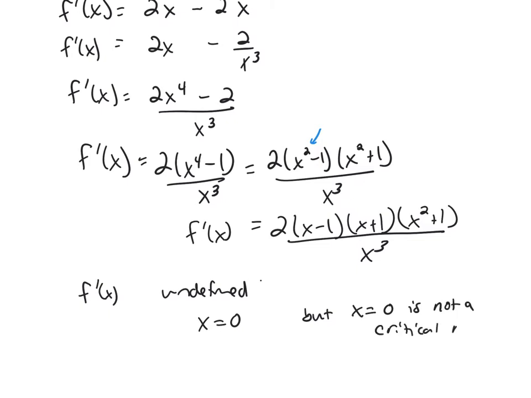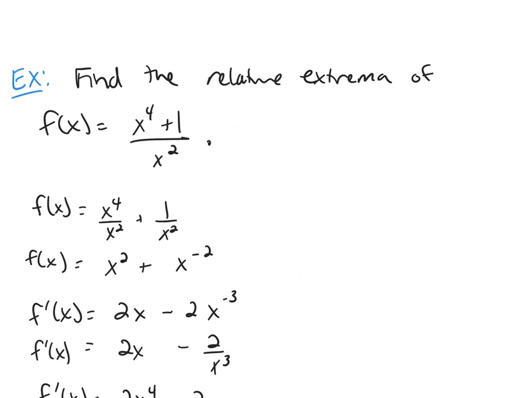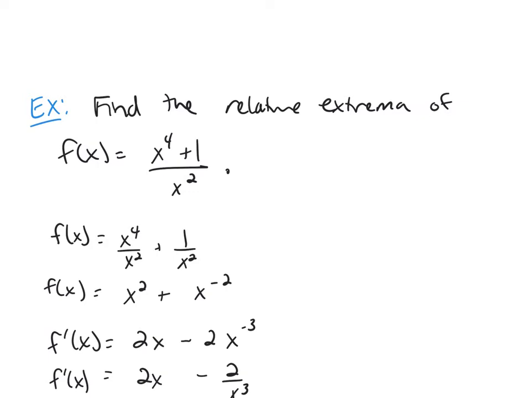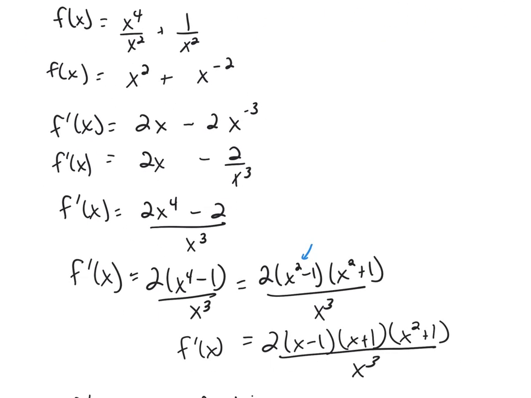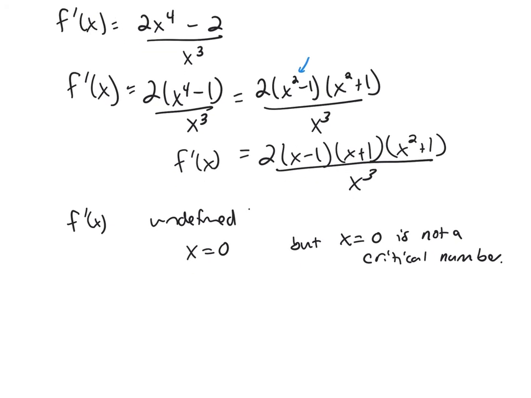And the reason is, if you look back at your function, f of x is undefined for x equal to 0. So because my function is undefined at 0, it can't be a critical number, but we are still going to include it in our number line.